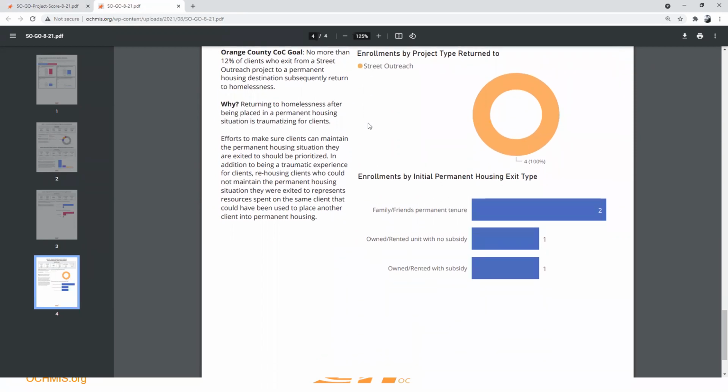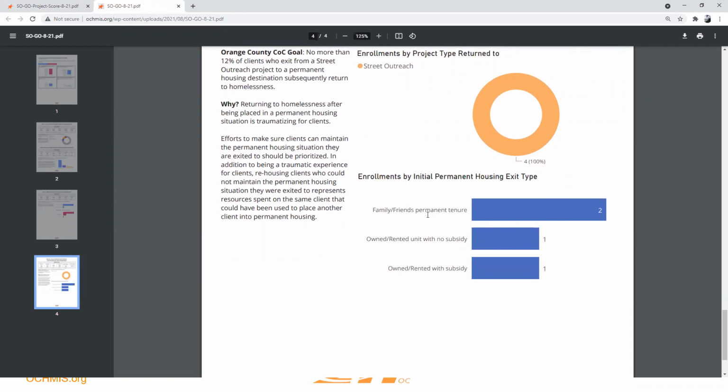And this could be related to coordinated entry. A lot of clients come through street outreach to get through the coordinated entry process. So that is likely why they all came back to street outreach. And then for those that did exit to permanent housing before returning, these were where they exited to initially.